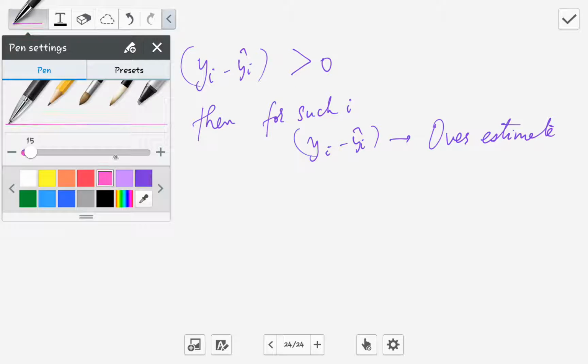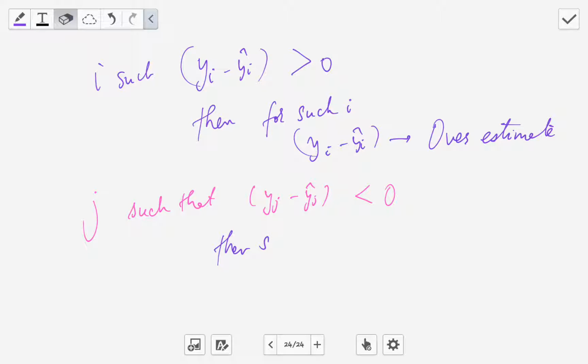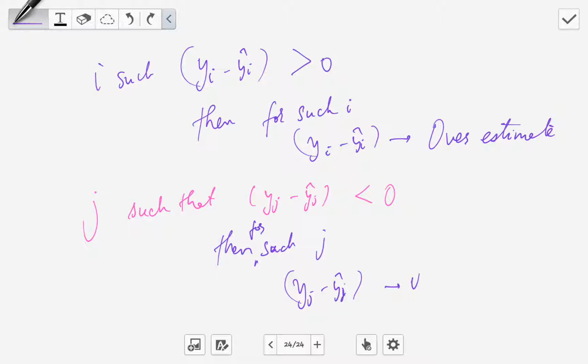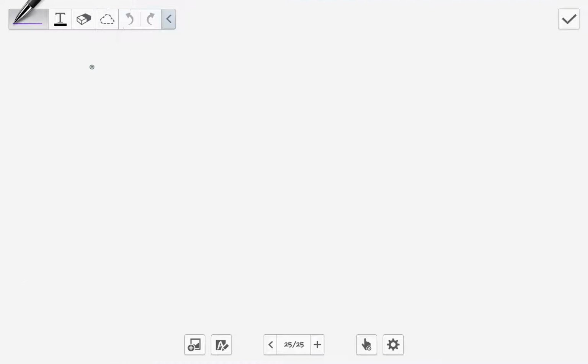And then we had this j such that yj minus yj cap is lesser than 0. Then for such j, yj minus yj cap is called underestimate, or the negative of underestimate, because this is a negative quantity, whereas over and underestimates are lengths.